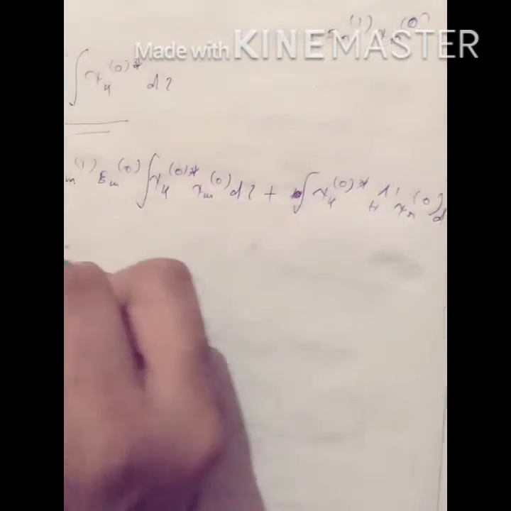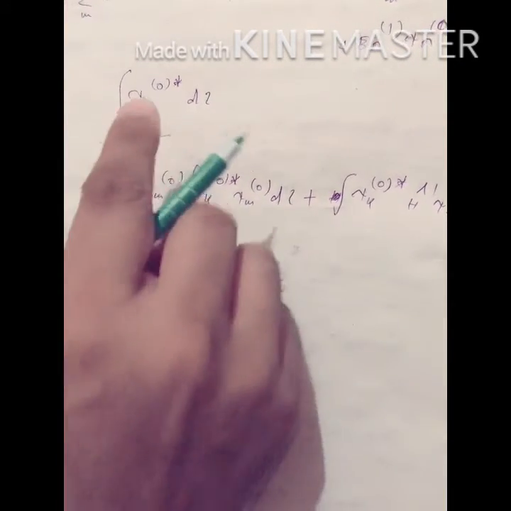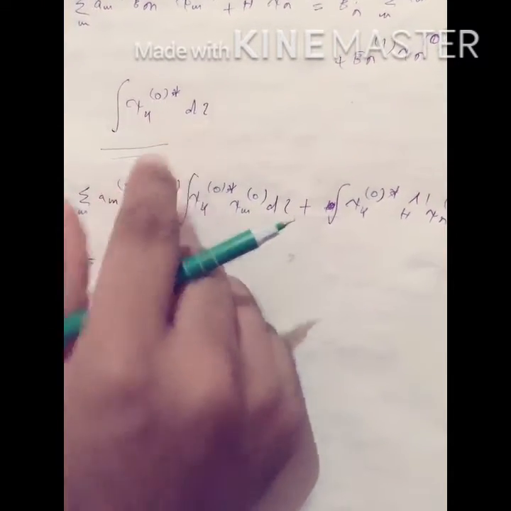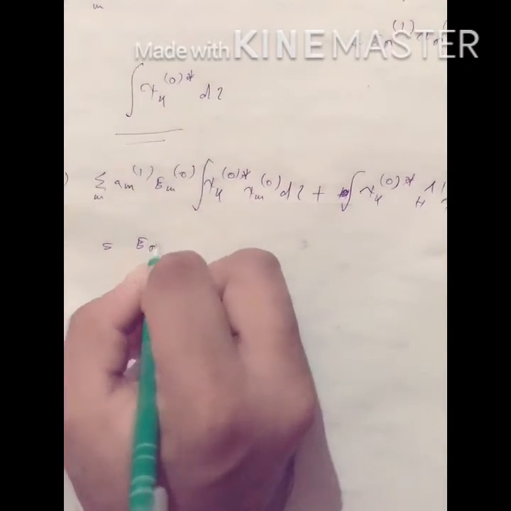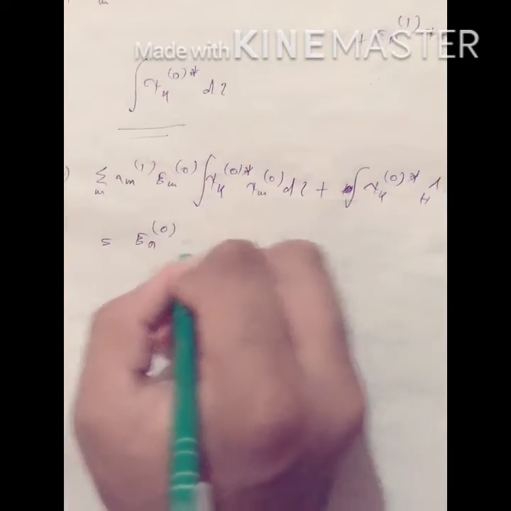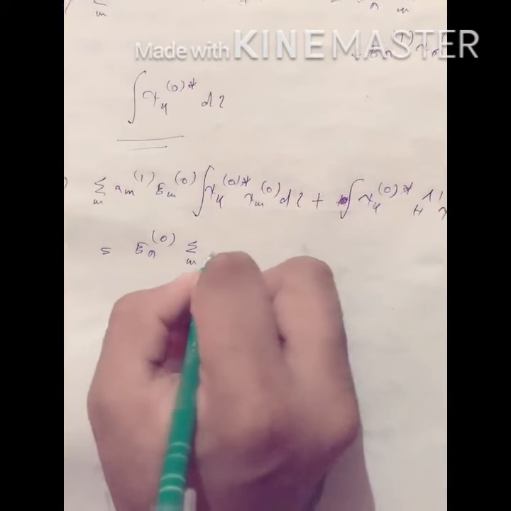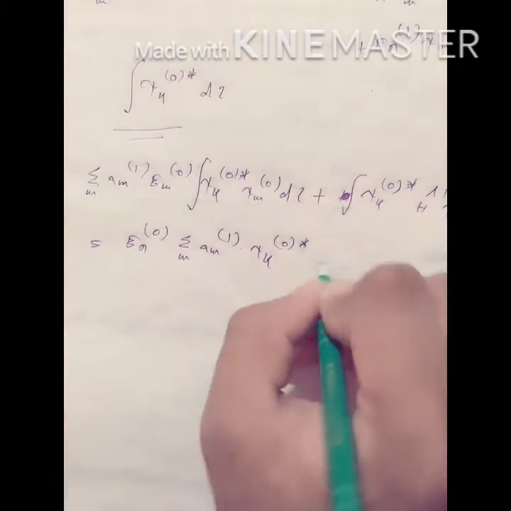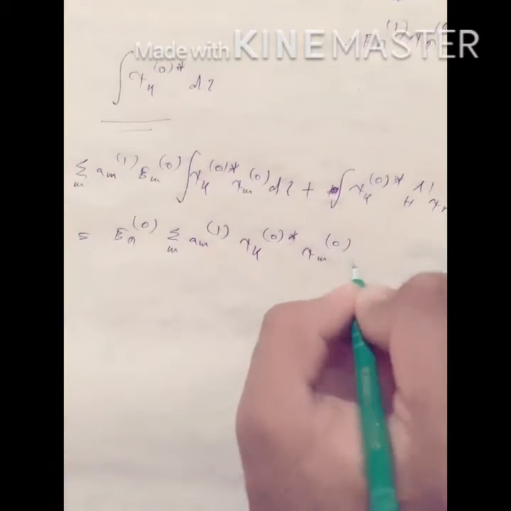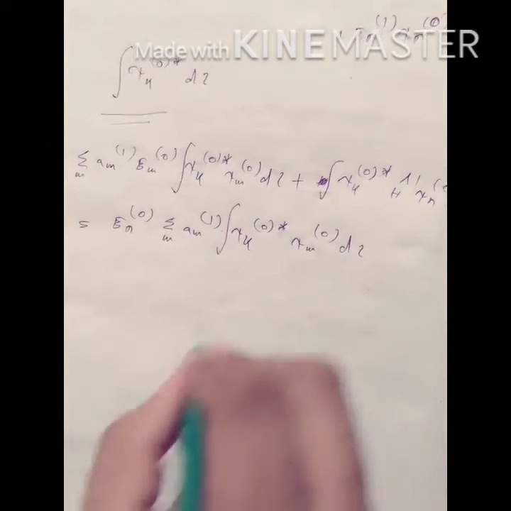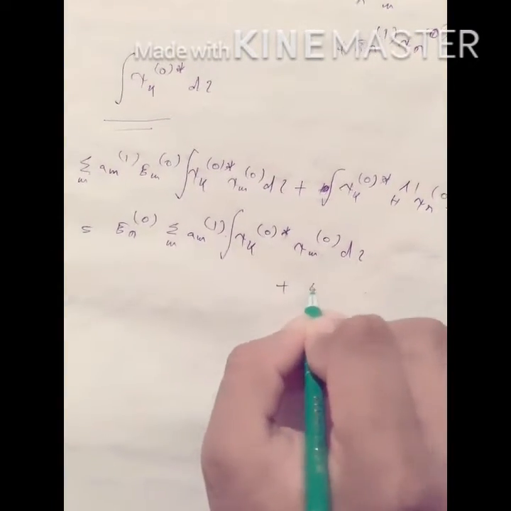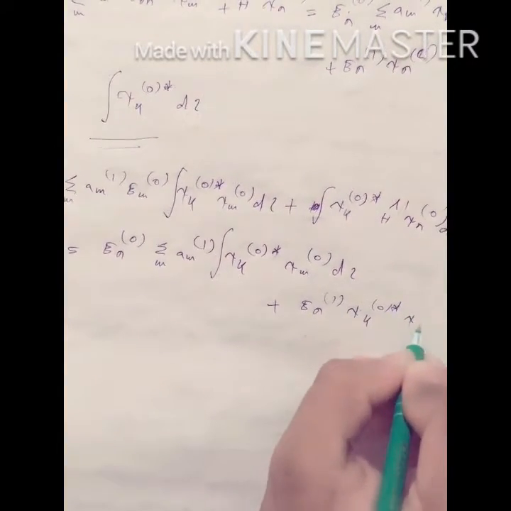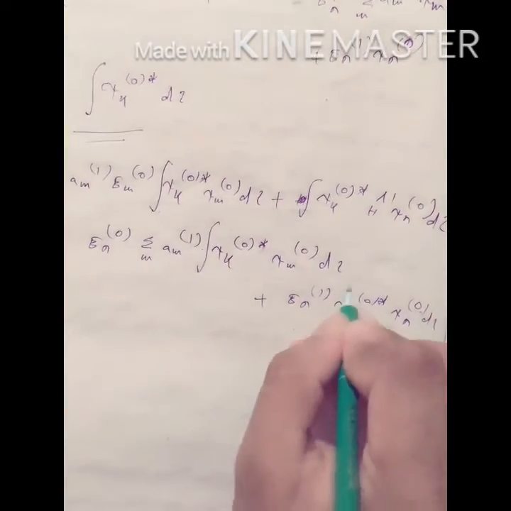Then on the right hand side also we can multiply this wave function and integrate over the space tau, where tau is the whole space. So En0 sigma Am1 integration psi k0 star psi m0 d tau plus En1 integration psi k0 star psi n0 d tau.